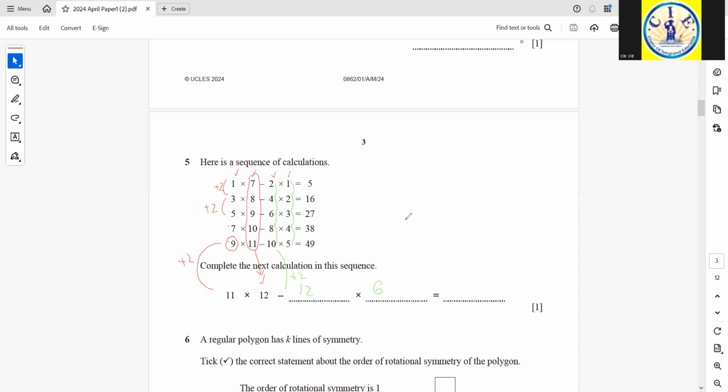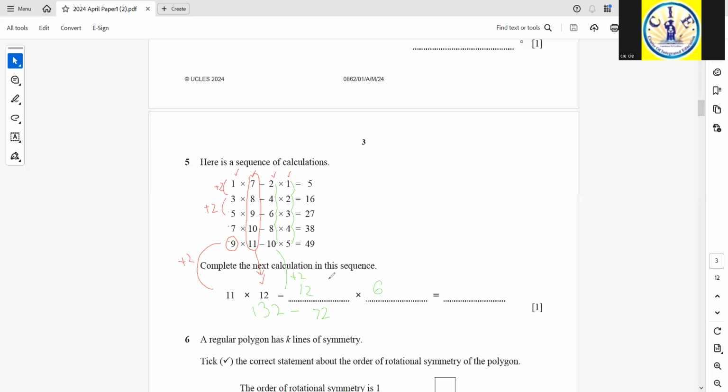Let's simplify it on the right side. What we can do is apply the BODMAS. That means multiplication first and then addition, subtraction. That means 12 times 6 is 72, and then 11 times 12, that is 132.